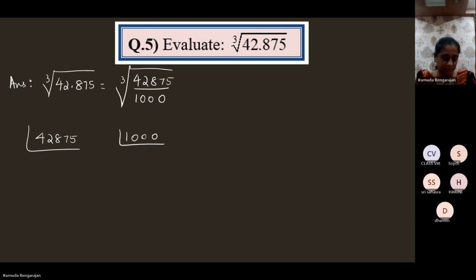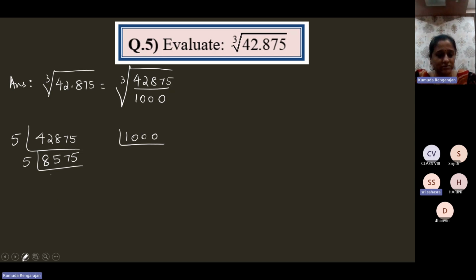Sahasra. 5 cube into 7 cube. So 5 how many times? 3 times. Then 5, 8,575. Then again 5, 1,715.